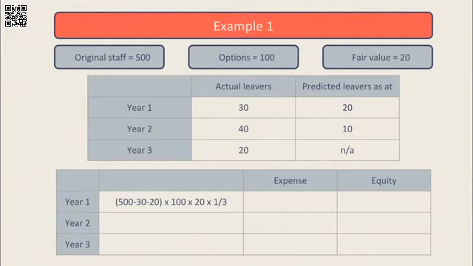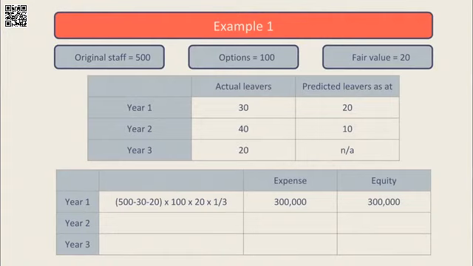Each of these staff receive 100 options. The fair value for the share option at the grant date is 20, and this remains static and is used throughout the calculation. Having now calculated the total anticipated expenditure, 1/3 of it is recognised in this year. This gives an equity reserve of 300 and an expense of 300.